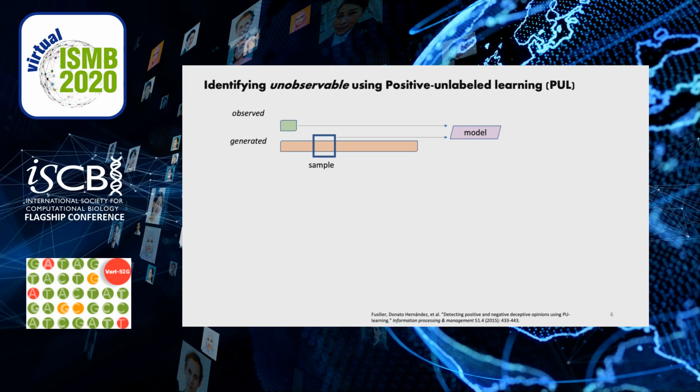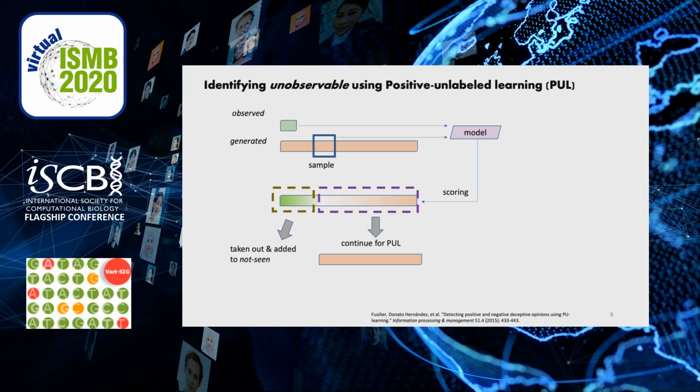The algorithm we use is extreme gradient boosting, and we use this model to score the generated variants. The ones that are predicted as observed or positive are taken out and added to the not seen group. The remaining ones we use for further training, like starting a new epoch for the new generated set. We repeat this process until the PUL process is converged.